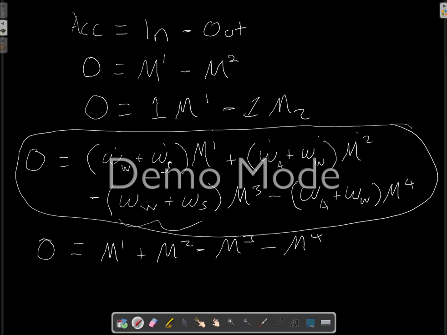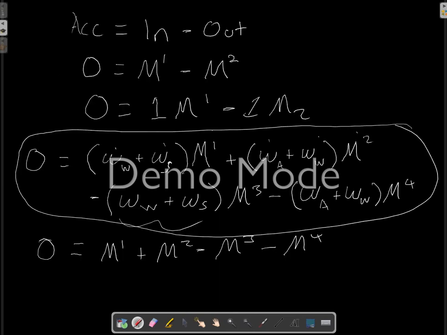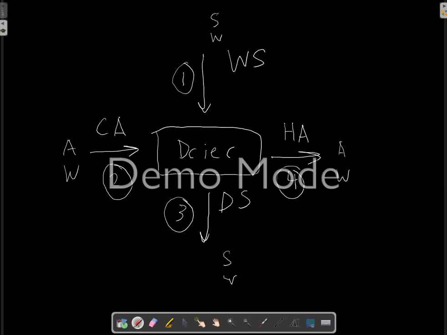So, we know our additive degrees of freedom, right? If we're going to do a degree of freedom analysis for the problem I just did, our additive degrees of freedom in a non-reacting mass balance are simply the unknowns. To count the unknowns, let's go back to our diagram, we simply count the number of species in each of the streams.